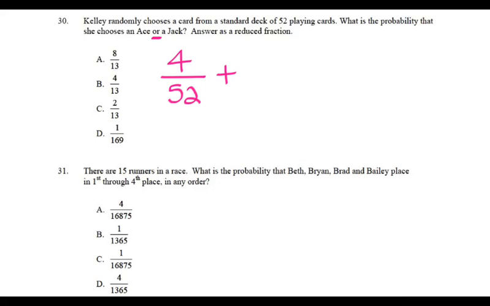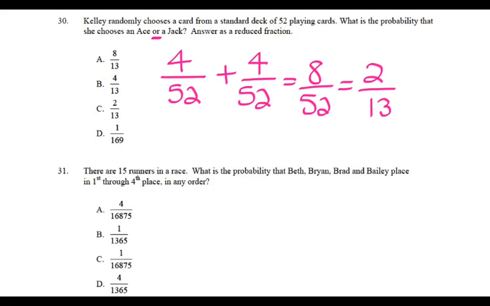So I have my 4 out of 52 for the aces. There's 4 out of 52 for the jacks. You need to ask yourself, do we have any aces that are jacks? Because that would be an overlap that you have to subtract. Well, you don't have any aces that are jacks. So you can just add those two together. So that's 8 out of 52, which can be reduced to 2/13.